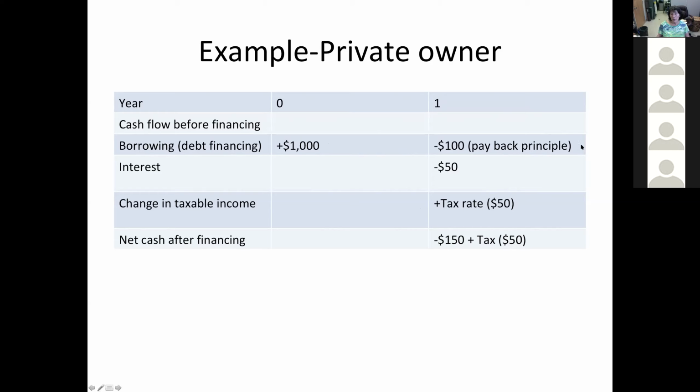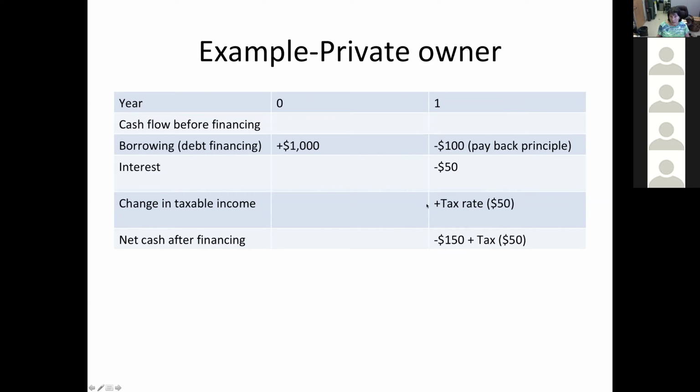And then in year 1, you pay back $100 of the principal, which is really not going to change your net cash as far as your income goes, but it will change it in the end when we get down here. So here's the principal. We don't get a tax break on paying back principal, but we do get a tax break on paying back interest.